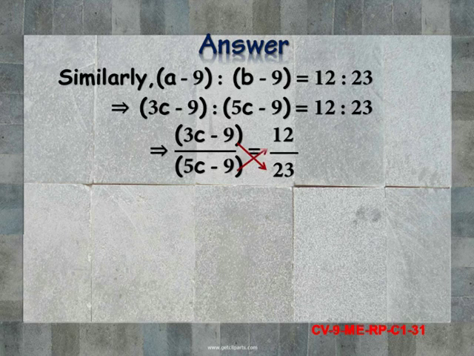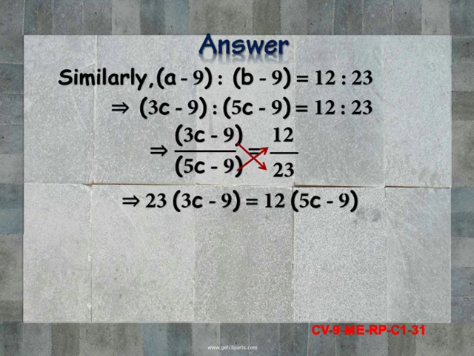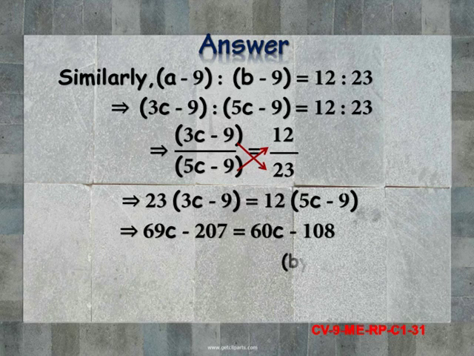By cross multiplication, we get 23 whole into 3C minus 9 is equal to 12 whole into 5C minus 9. That is 69C minus 207 is equal to 60C minus 108.